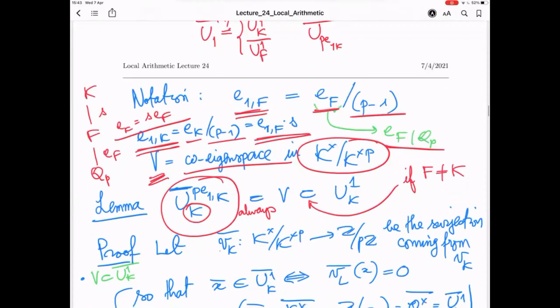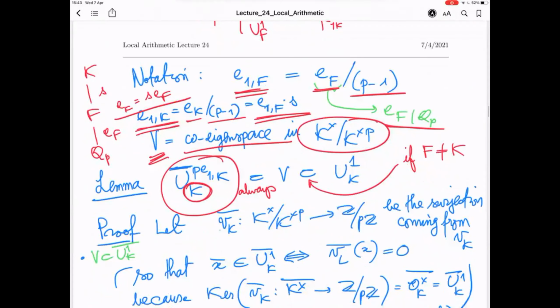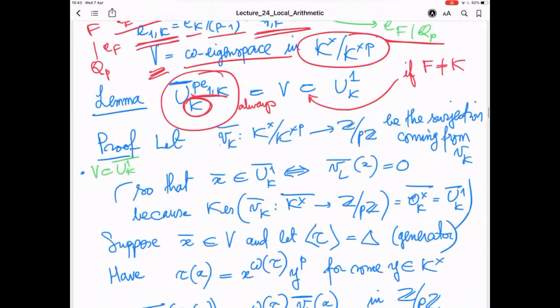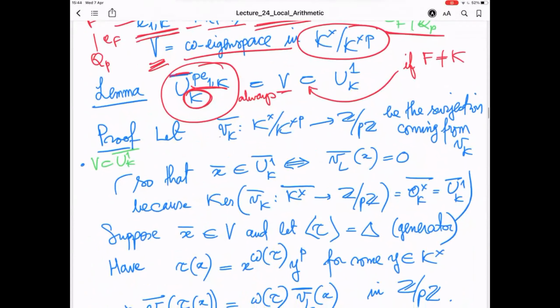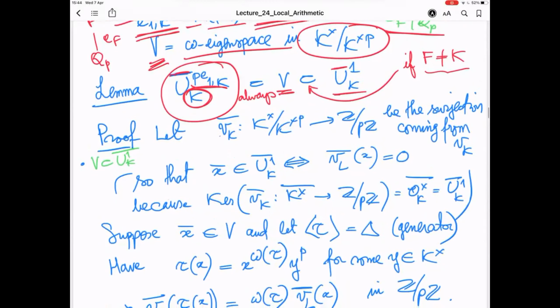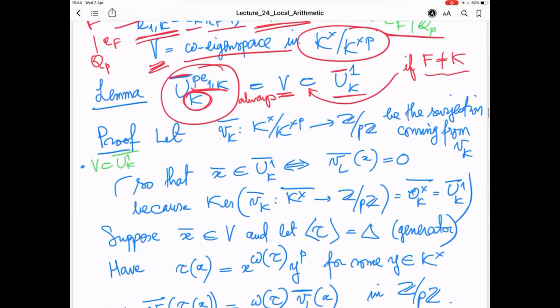So I'm writing these indices upstairs. So the lemma says that UK PE1K bar is containing V. And this V is contained in UK1 bar, if this F is not equal to K. Of course, if F is equal to K, then it cannot be contained in UK1 bar.